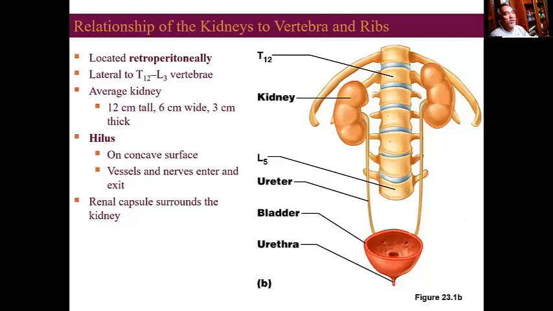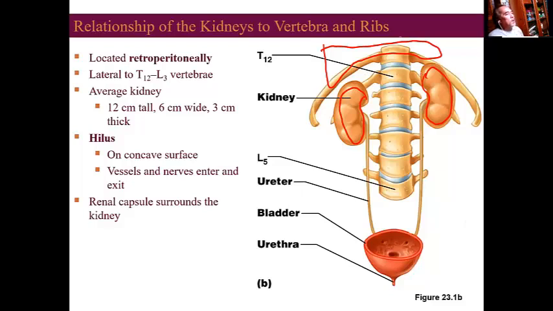Now this is going to be the kidney on the right side and the kidney on the left side. The right side is lower compared to the left side, and the reason for that is because the liver is bigger on the right side. Remember, the right lobe of the liver is bigger, so that pushes the kidney down a little bit lower.